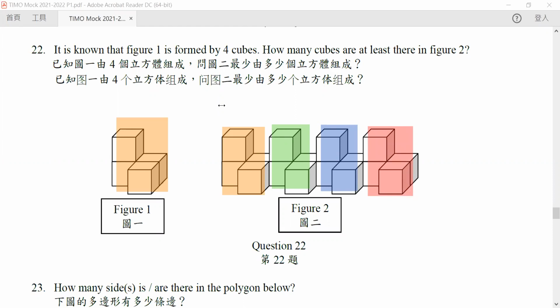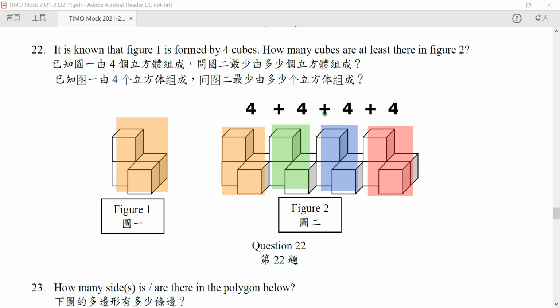So in total, it will be like 4 plus 4, right? This will be 4 in our leftmost, and then we have another 4 for our blue, and then another 4 for our green, then another 4 for our blue, and finally another 4 for our red.